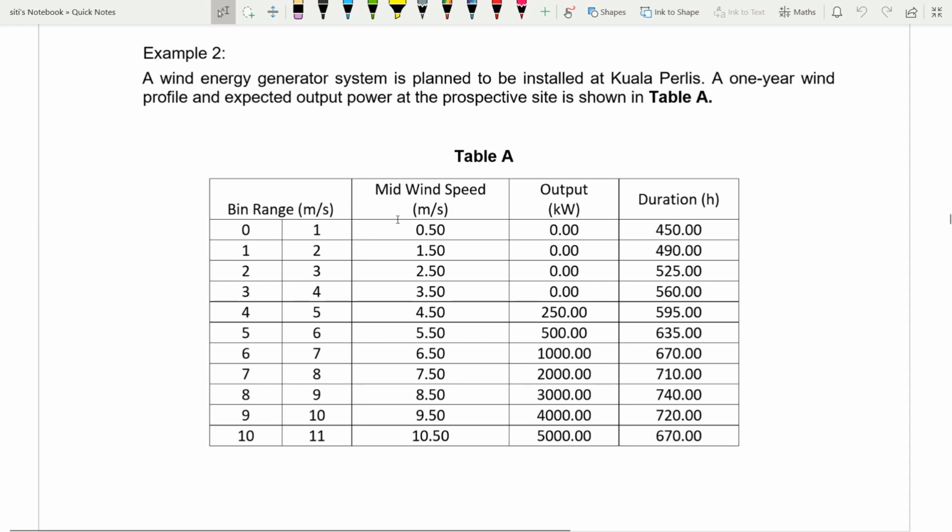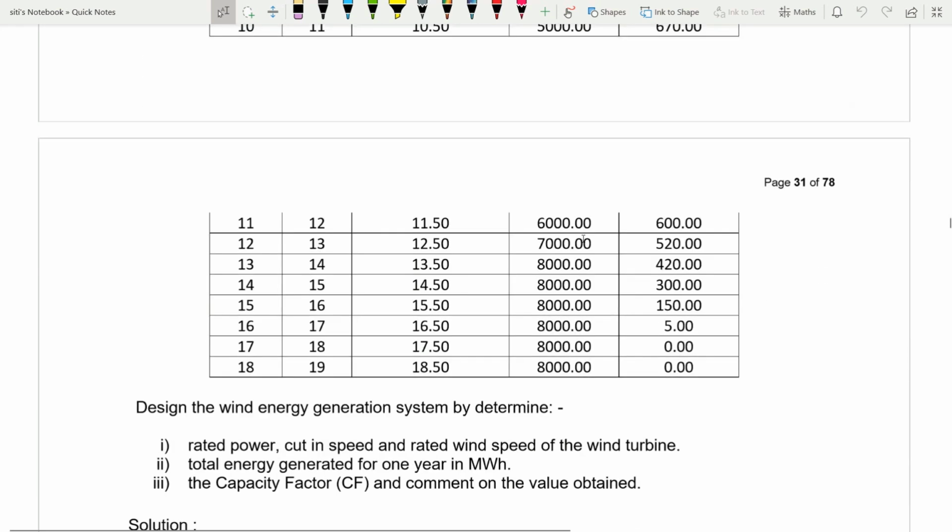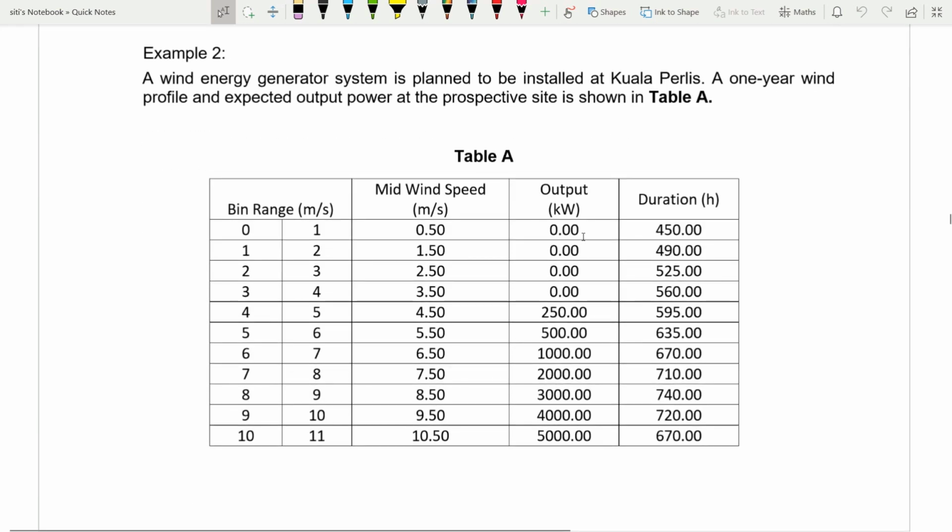So 0 to 1 you get 0.5, 1 to 2 you get 1.5, 2 to 3 you get 2.5, and this is the output. The output comes from the power curve, and this is the duration measured on the site.